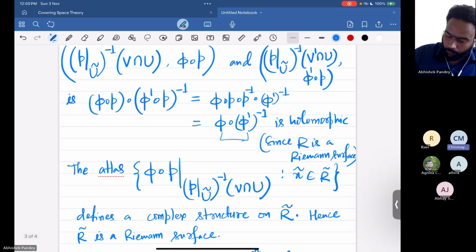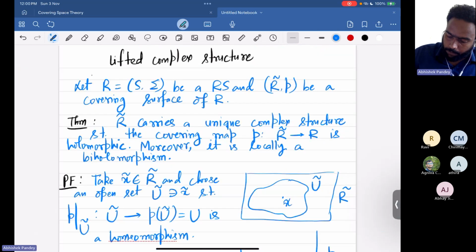Yeah, so now we have seen a complex structure on the covering surface such that the covering map is holomorphic. And this is basically the unique complex structure.